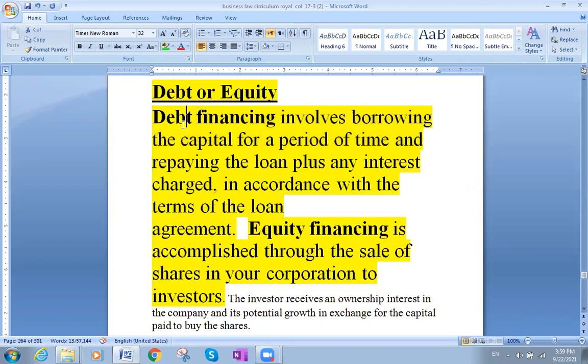I took $1,000 from the bank, I will return $1,500. This difference we call the interest. So we will pay the principal plus the interest of the money. Okay, how does this help? Cool, that's fine.